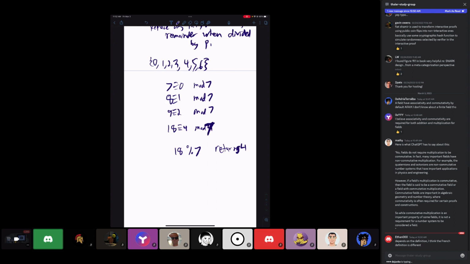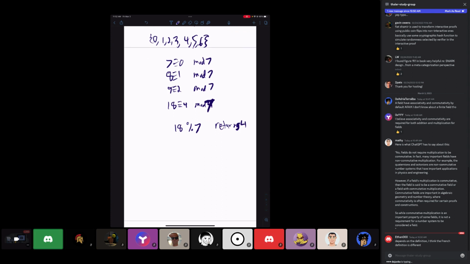When p is composite, the integers modulo p are not a field. The key property that gets lost when you work modulo a composite number is multiplicative inverses, that is, the ability to divide by any non-zero field element.